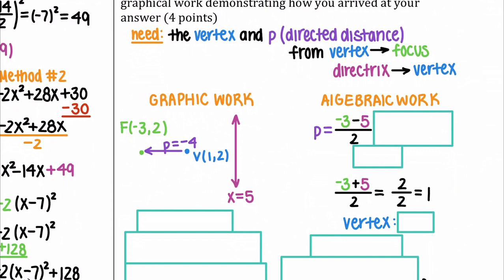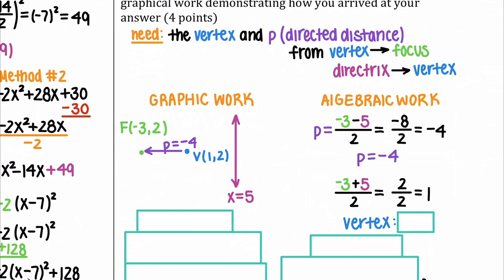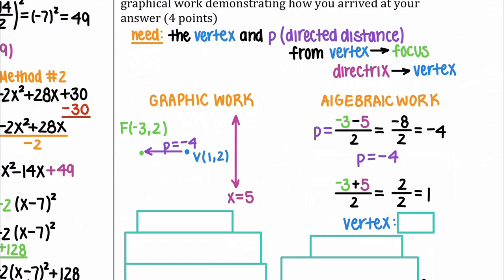We use the -3, and we subtract 5, and that gives us -8 divided by 2. The reason why we're subtracting is because we're finding the total difference between these two x values. So that gives us p is -4. And therefore, the vertex x value is going to be 1.